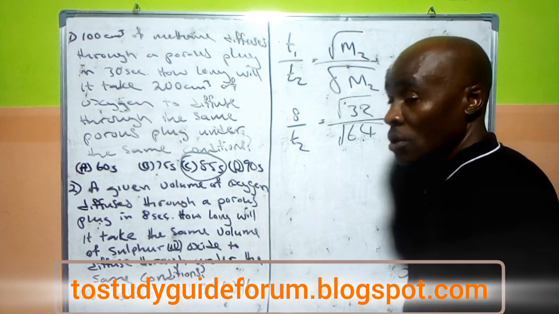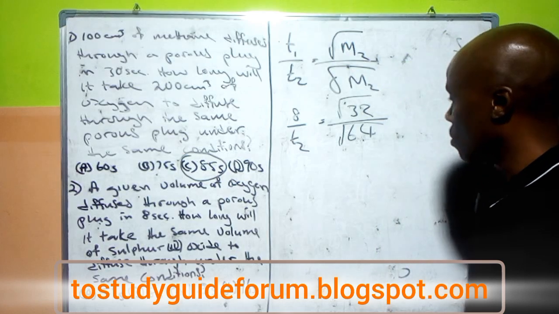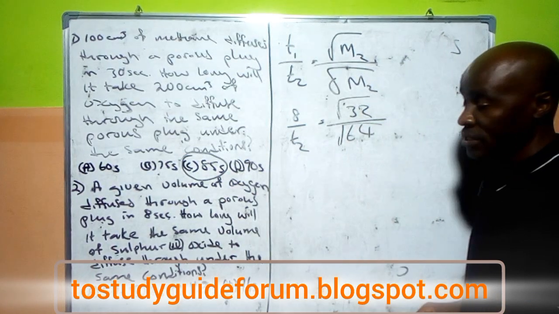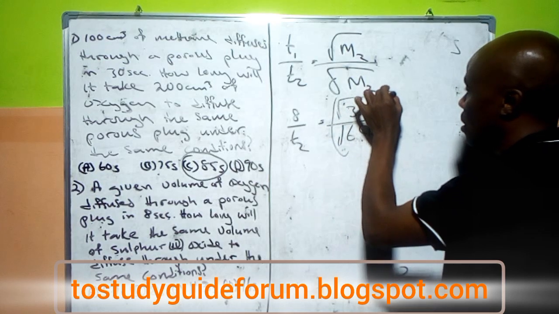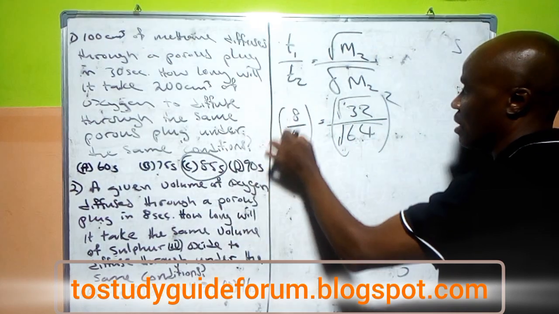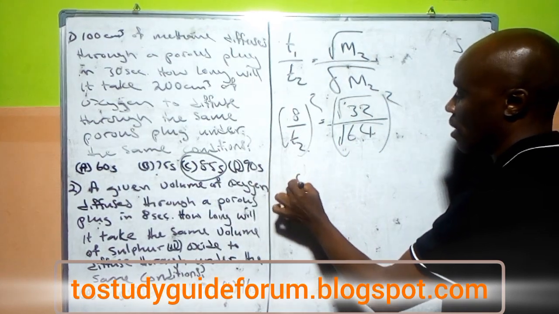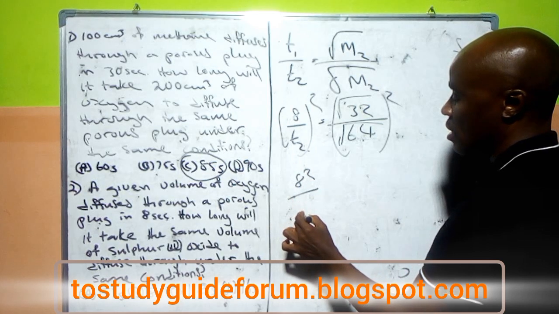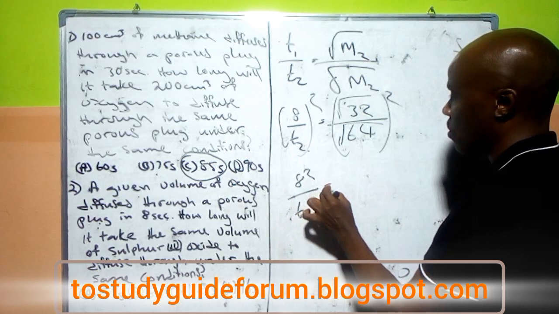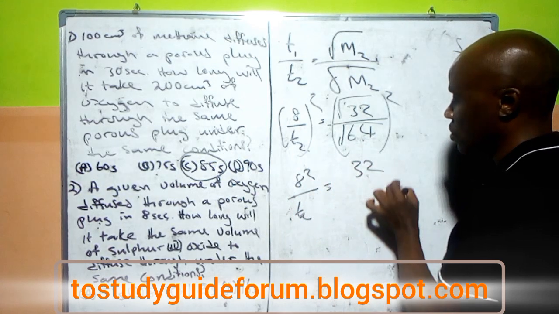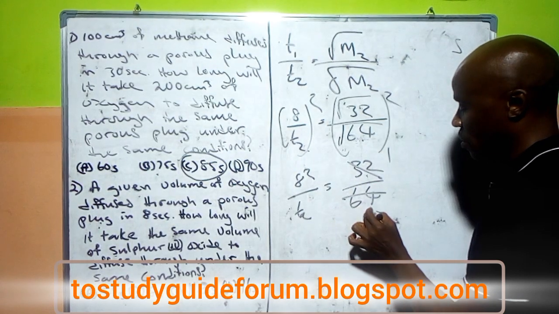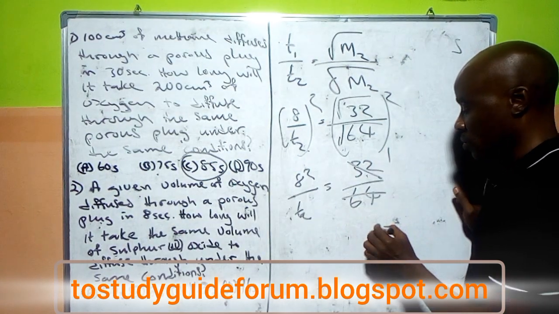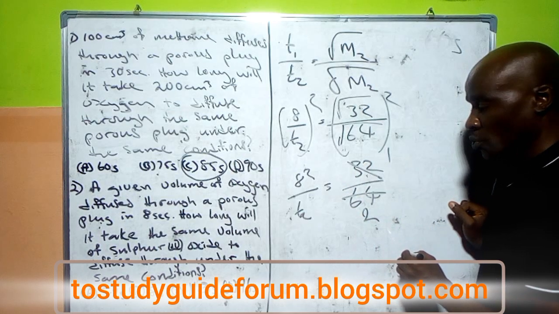So let's quickly go back to what we're solving. As we have already stated, if we square both sides, the square root will go off. We have 8 squared and T squared equal to 32 all over 64. The 32 will cancel this, and we have a 2.